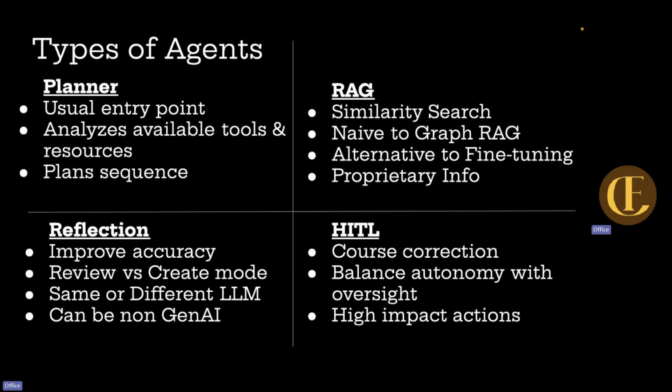I will route it to the appropriate agent. That is the planner agent. It is like a manager in the team, who is getting paid for routing things here and there, making sure nothing goes wrong.